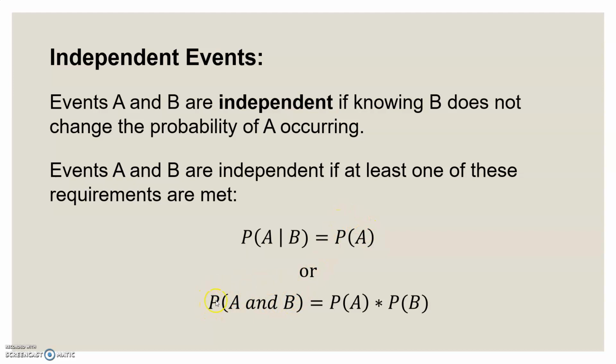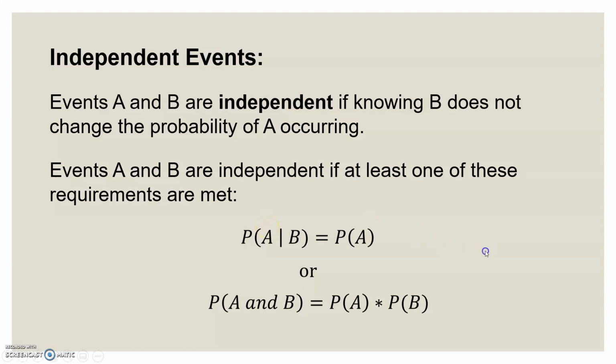We're checking to make sure that P of A and B can actually equal P of A times P of B. So that's the motivation behind independent events. We're making sure that both sides are equal to each other. So we're not actually calculating any probabilities. Well, we do that, but we're not finding one answer. Our answer is either it's independent or it's dependent.